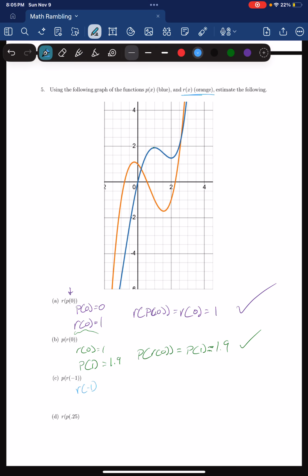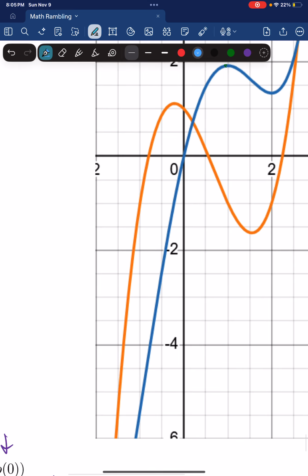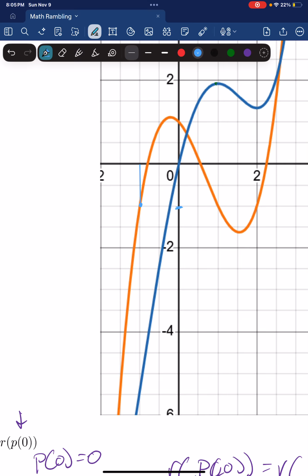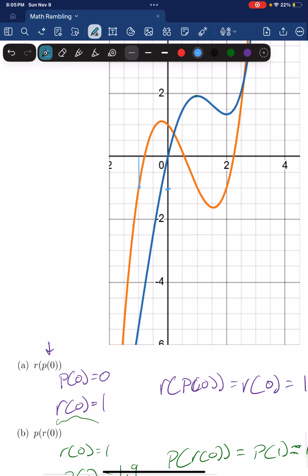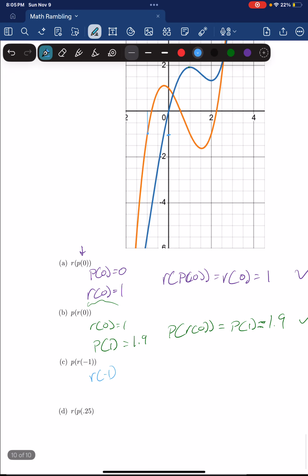If I drew my line better, it would look like we meet there. We'll say we meet there. What is that value? That's -1. Okay, perfect. So r of -1 is -1 because the y value at x equals -1 is -1.